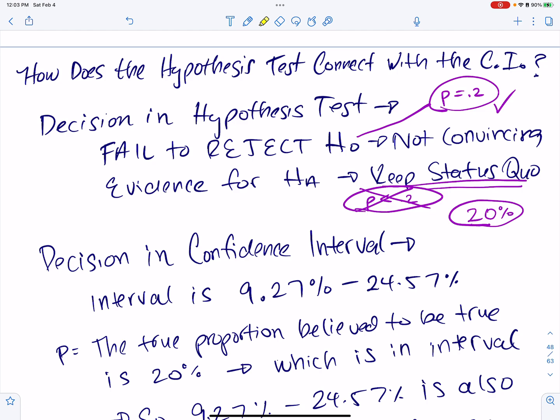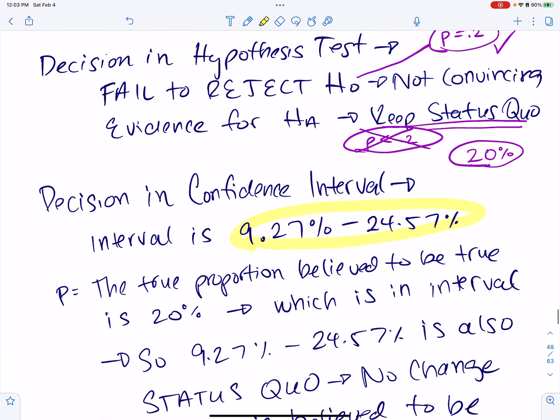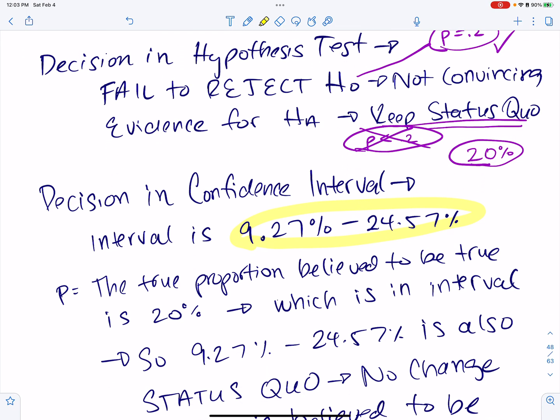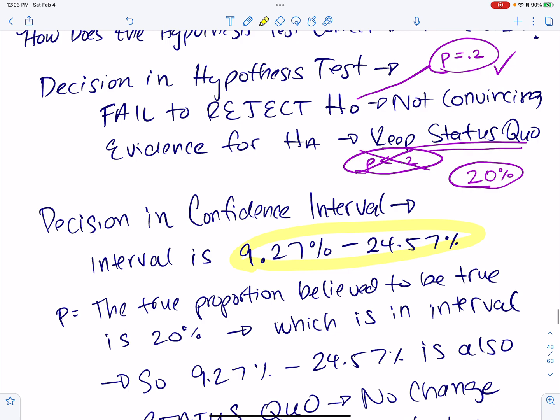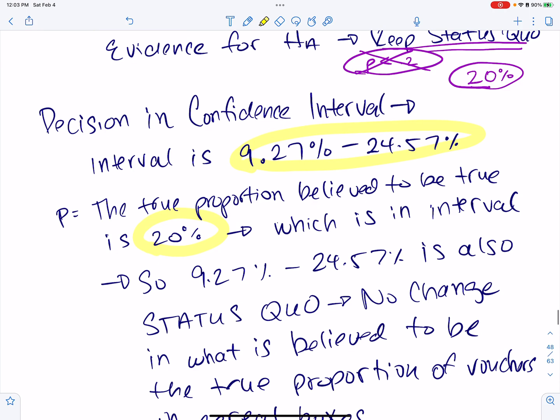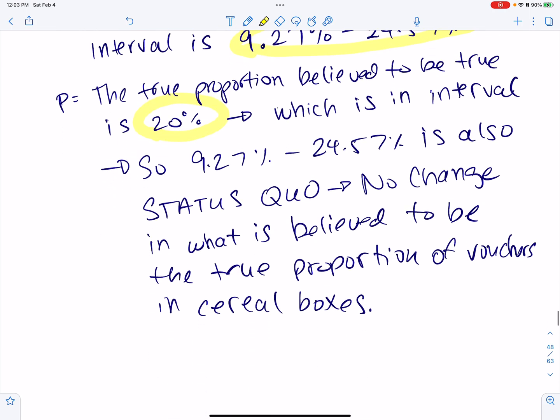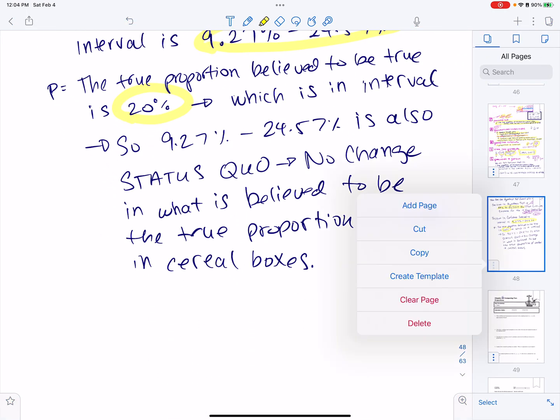In fact, 20% was contained in that 90% confidence interval that we did. So if we fail to reject, then we would expect our interval to contain my 20%, my status quo. There's no change, okay?